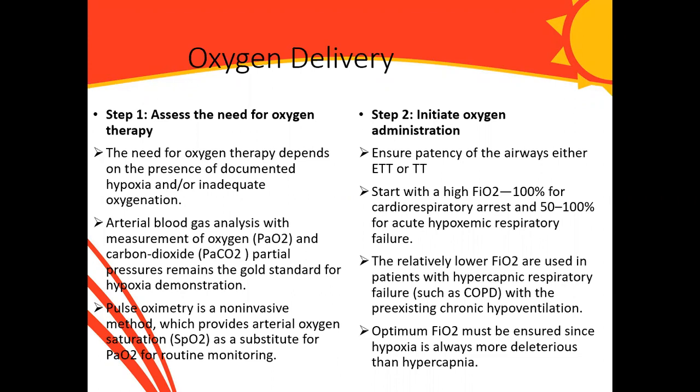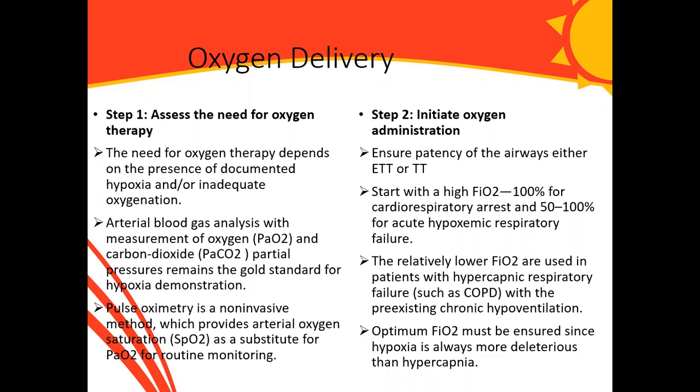So you want to ensure that there's documented hypoxia or inadequate oxygenation. One of the ways you can do this is to use your arterial blood gas to measure your PaO2 and your PaCO2. Remember that this is the gold standard to demonstrate hypoxic conditions. Pulse oximetry may be used as a surrogate, and it's a non-invasive method, but it has a clear correlation.